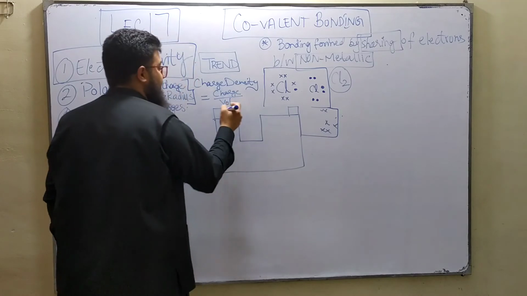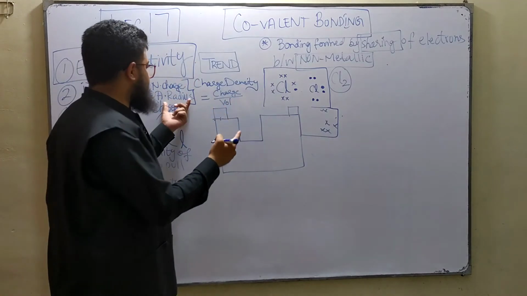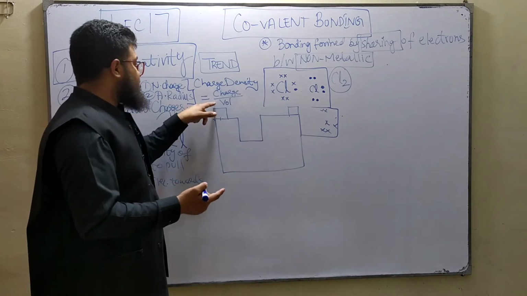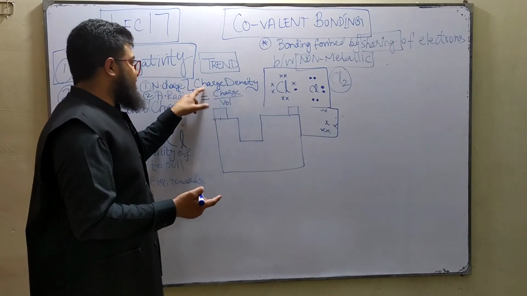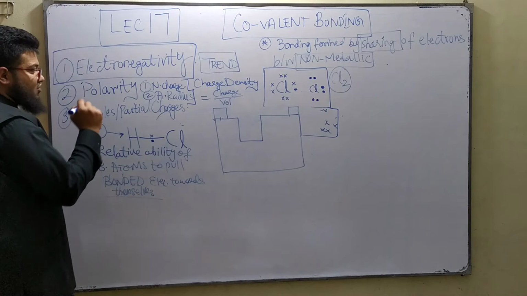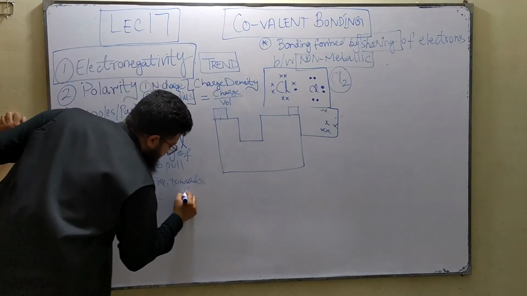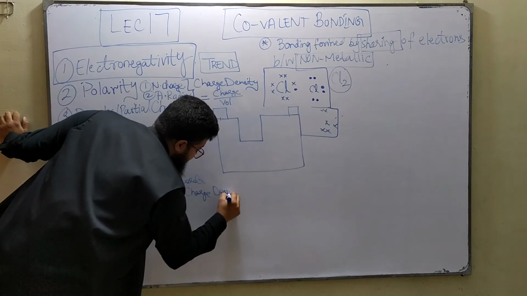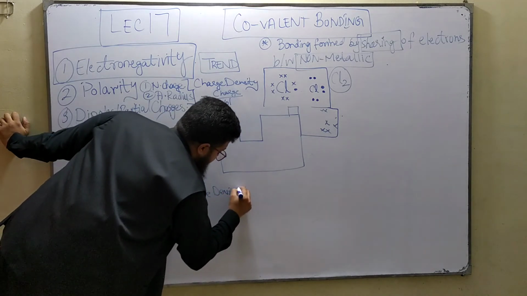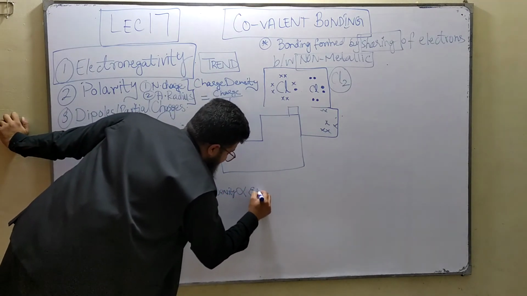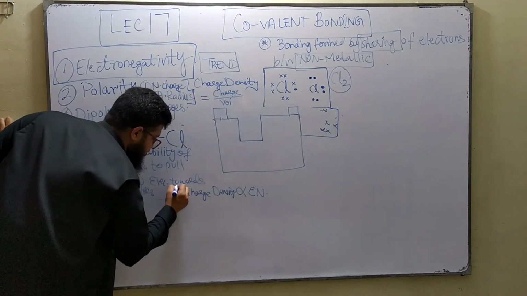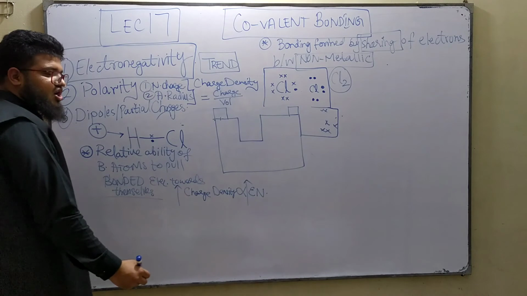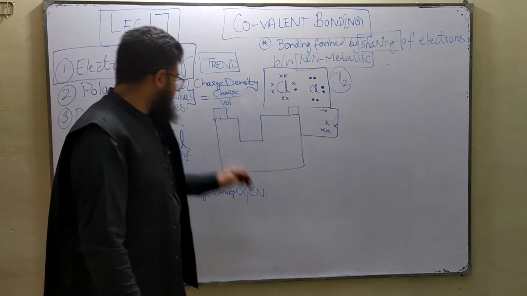By volume I mean the radius, because the volume depends upon the radius, right? So the charge density is proportional to the electronegativity. The higher the charge density, the greater the electronegativity. The lesser the charge density, the lesser the electronegativity.